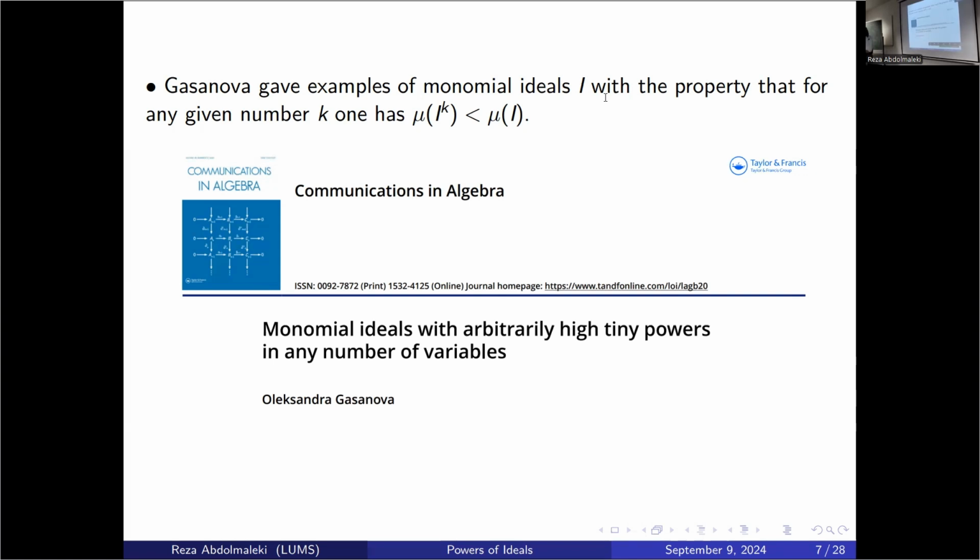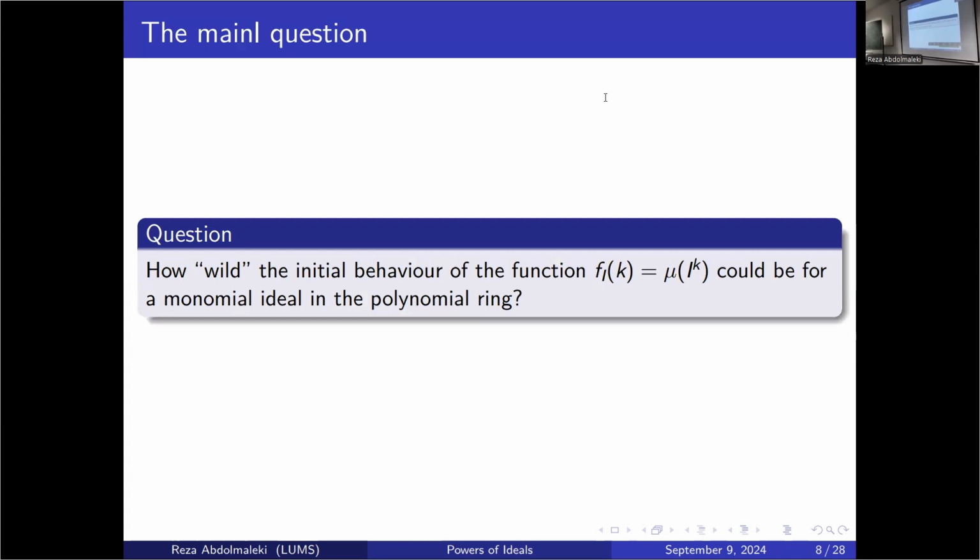And now, these are two different examples for the initial behavior of mu of I^k. Now, our main question is how wild the initial behavior of mu of I^k could be for a monomial ideal. For example, can we have local maxima or local minima, and how many times can it go up and down or not? This is a very general question that we consider.